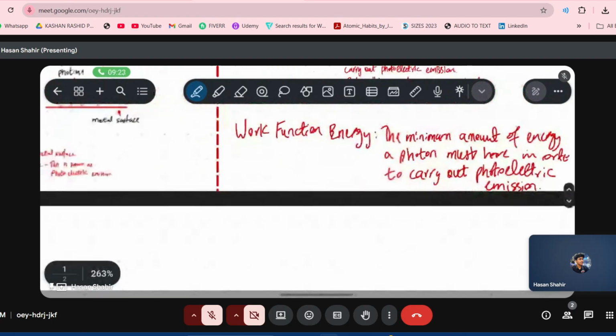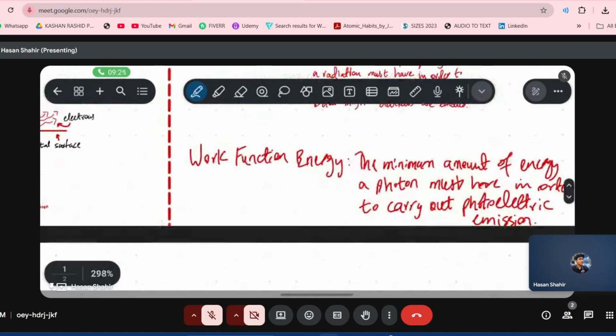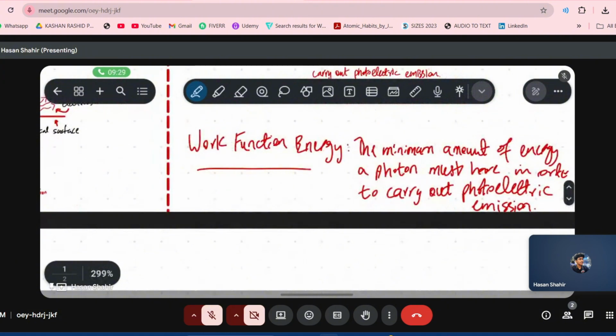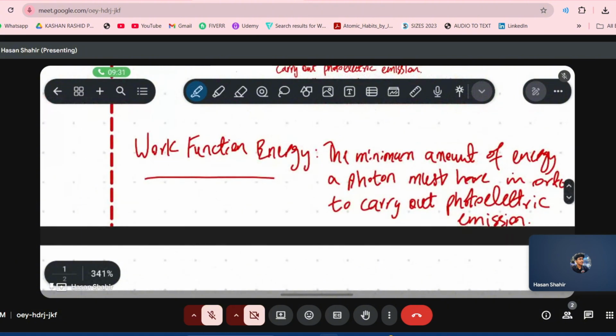Sorry for the writing, but this is another key term, the work function energy. It is the minimum amount of energy a photon must have in order to carry out photoelectric emission, or in simple terms, the minimum amount of kinetic energy an electron must have in order to escape the metal surface.